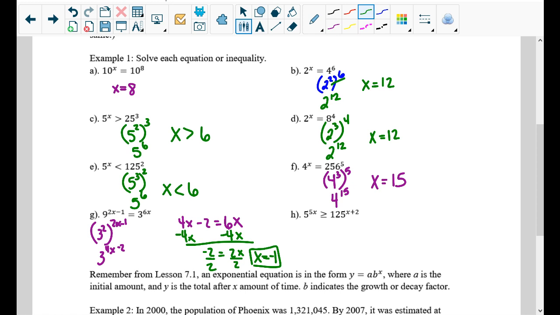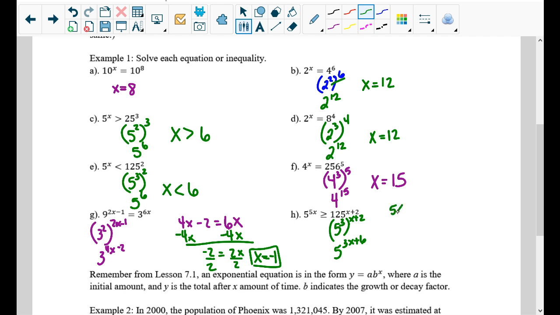And the last one, same idea. 5 into 125, again we had that in letter E there. That is 5 to the 3rd power taken to the x plus 2. So this is 5 to the 3x plus 6 power, and then multiply that together. And then those just equal each other.